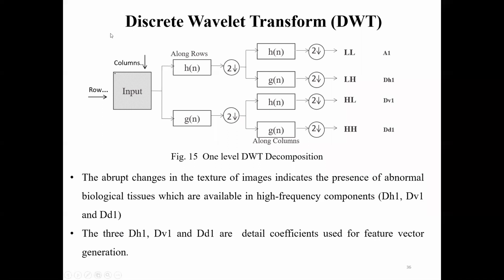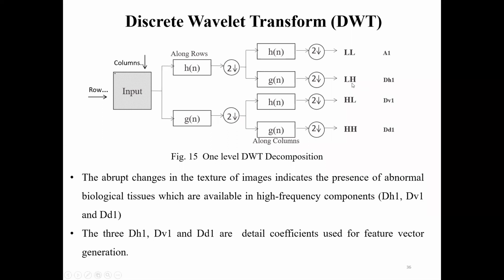The input image, which has a number of rows and columns, is applied to a high pass filter and low pass filter, and then they are applied again after downsampling to high pass and low pass filters. That's the reason why here we have the low pass filtered and low pass filtered image LL.